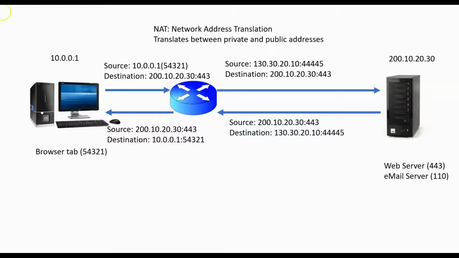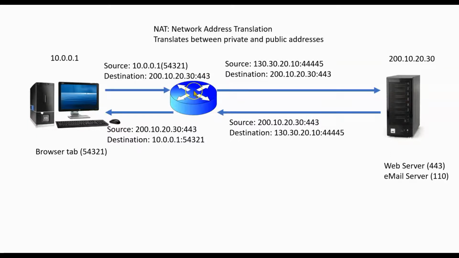So we have a 10 dot, which is a private address range, and we want to get a web page from this server. So we're going to send out a packet from 10.0.0.1. That's the only address this computer knows, and it's not its public address, but it is its private address, with the port number 54321. And it's going to send it to 210.20.30.443.